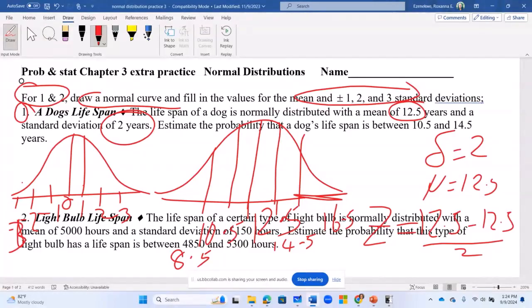So this is a standard normal because I standardized the raw values.